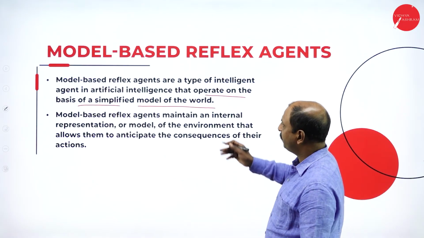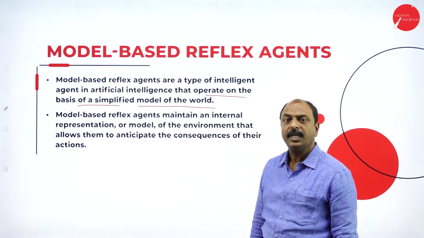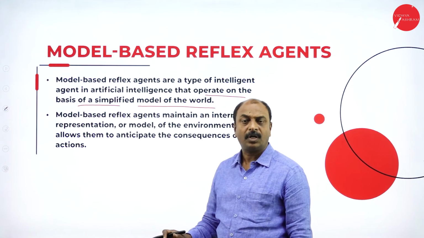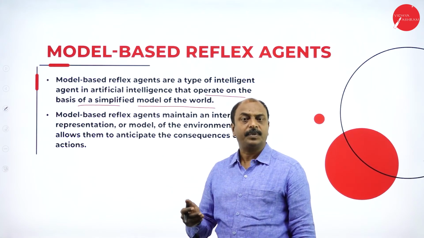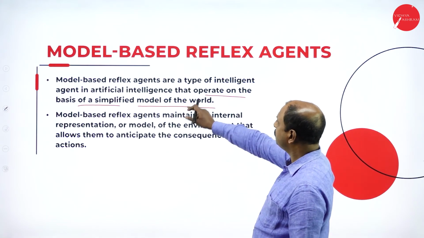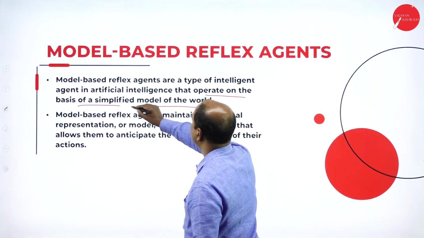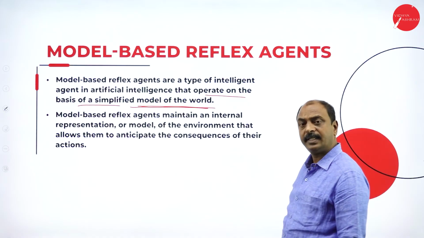If you look at the definition of simple reflex agent, it takes action based on the current percepts or the data input at that particular time. But this model based reflex agent works based on the simplified model in the agent.